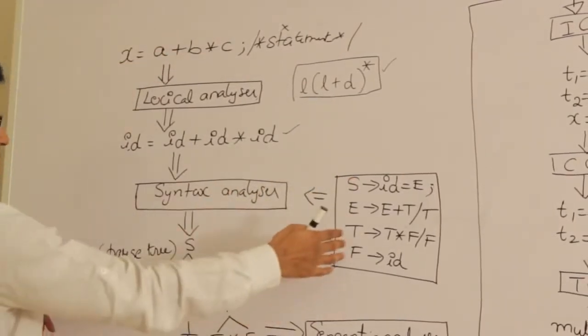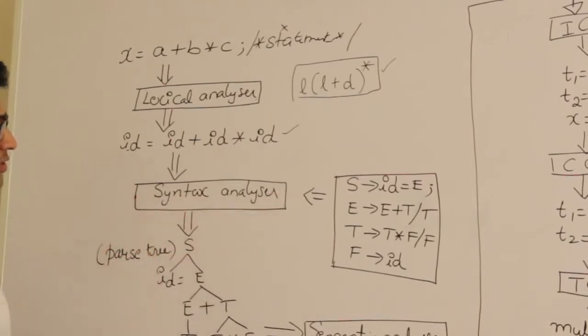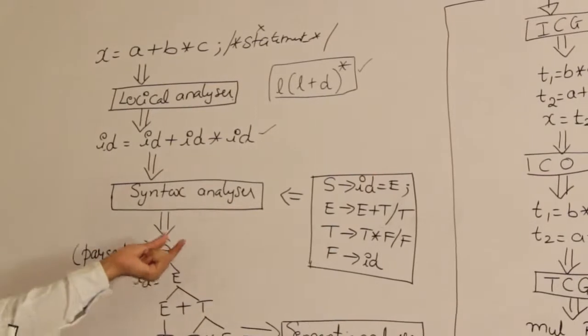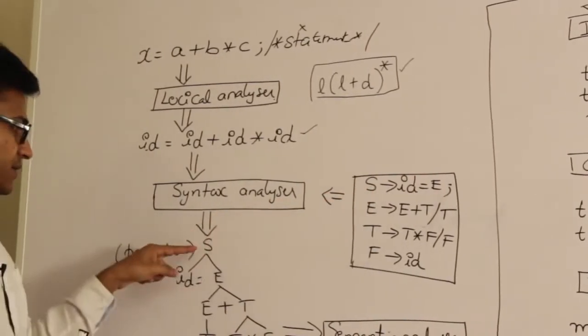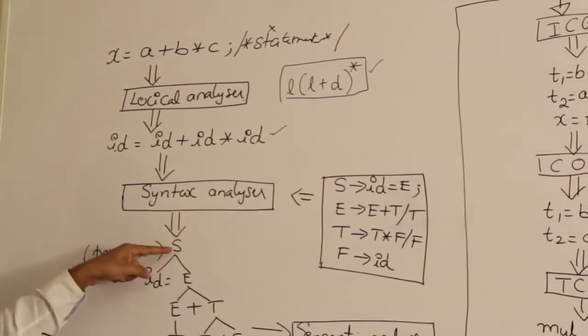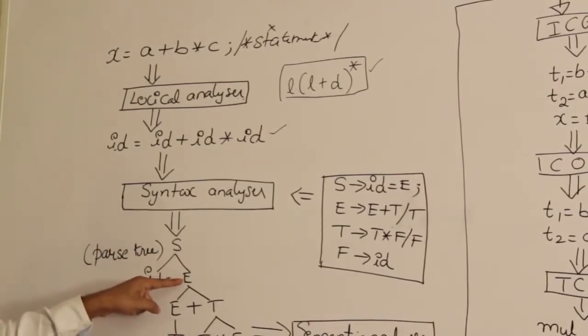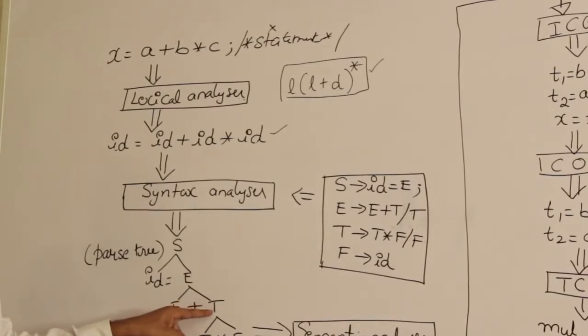For this, the syntax analyzer, also called the parser, is going to construct a parse tree. The parse tree is going to start with the start symbol, S. A statement is identifier is equal to expression. An expression is expression plus term. A term is term into factor.